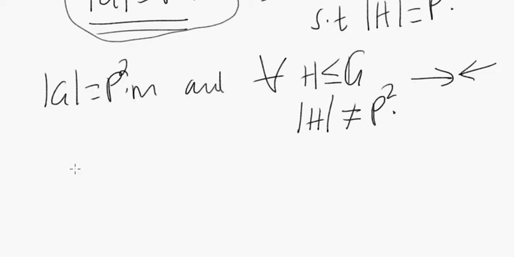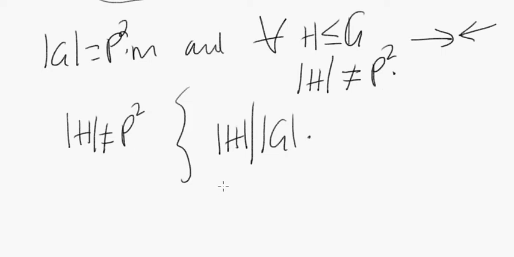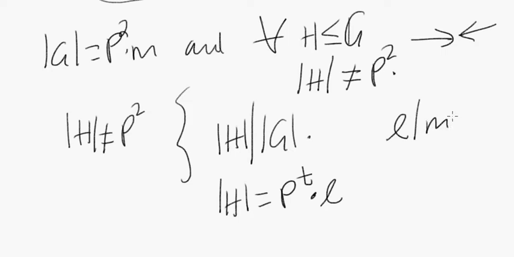Given that the order of H has to divide the order of G by Lagrange, doesn't that mean that the order of H must be of the form p to the t times L, where L divides m, and t is less than or equal to 2 and at least 0?